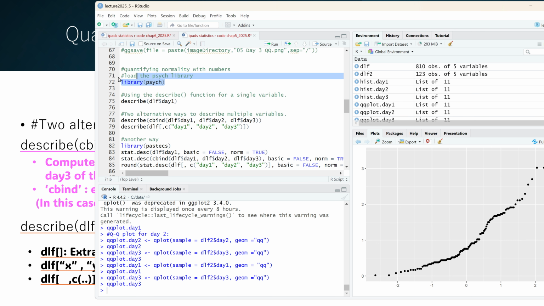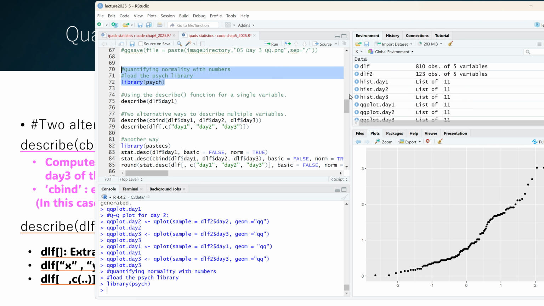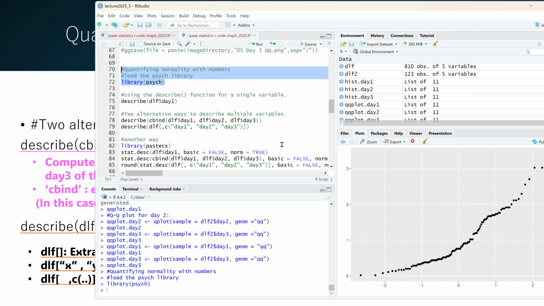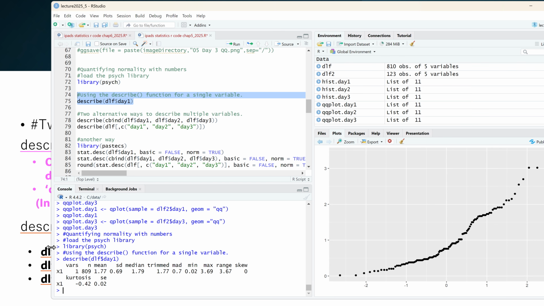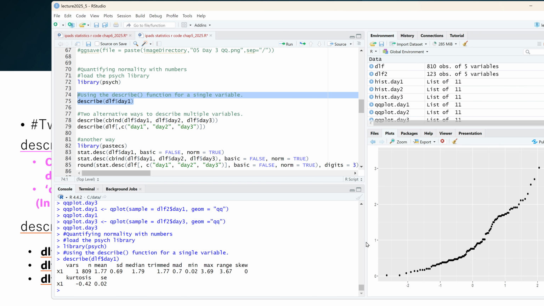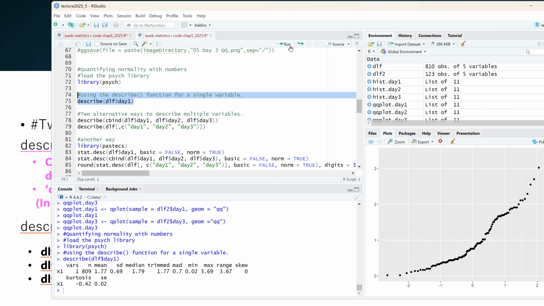We can check the result. By using R, we can understand intuitively what we are doing. Library psych, describe. The result is here, one row.